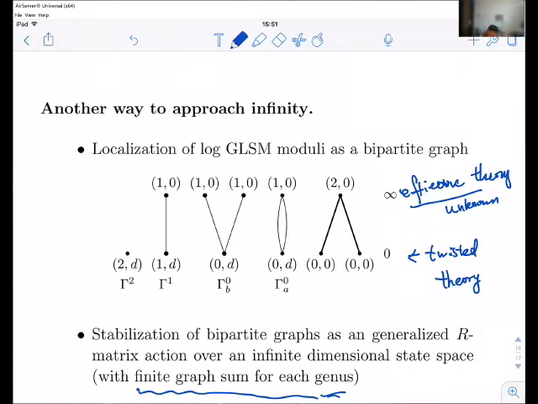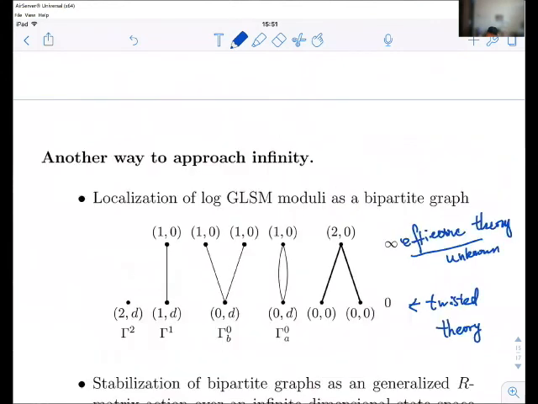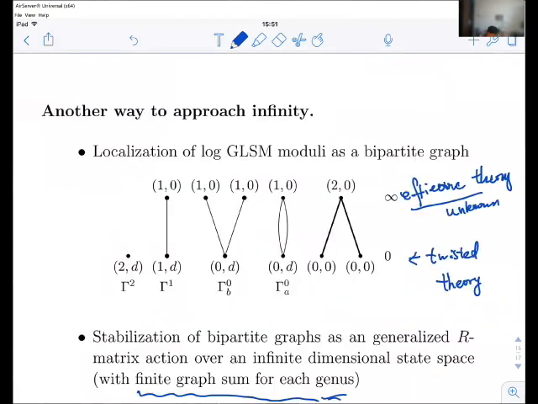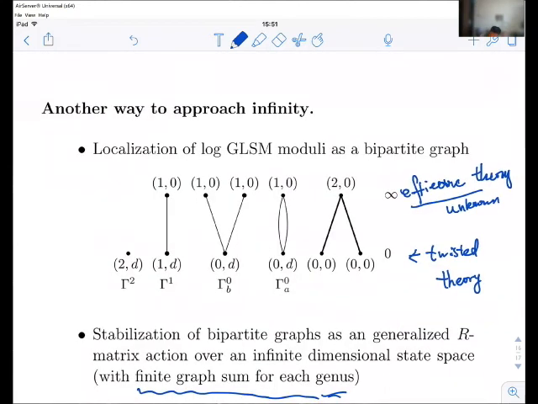And then the last interesting thing, we mentioned this conifold gap and the regularity. The conifold gap is in fact saying that, for example, for the genus 2 case, this Fg is equal to all these guys summed together.